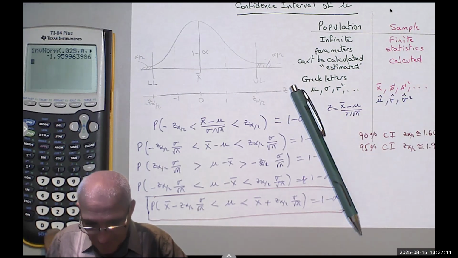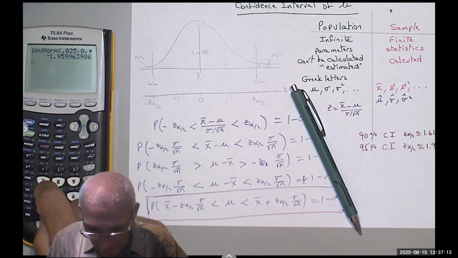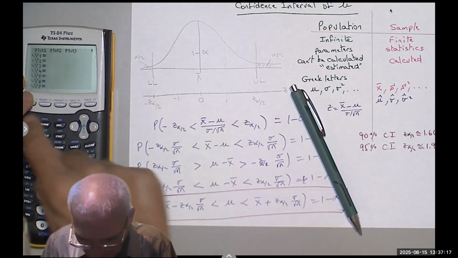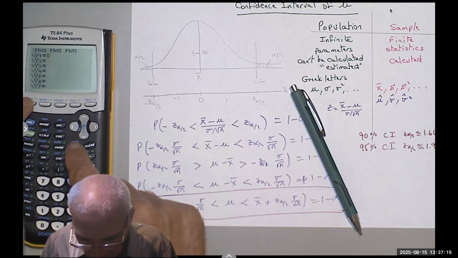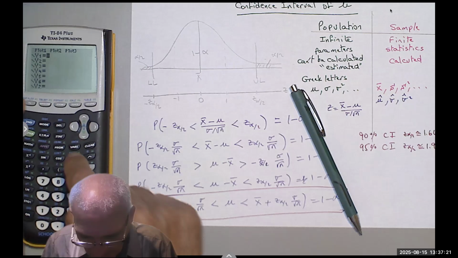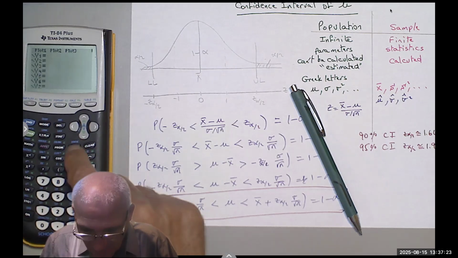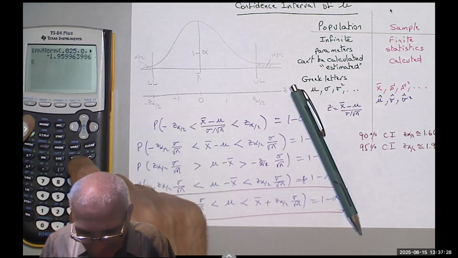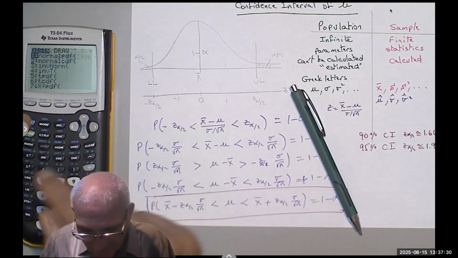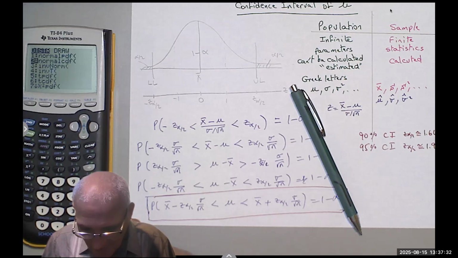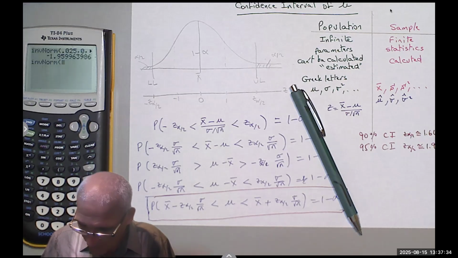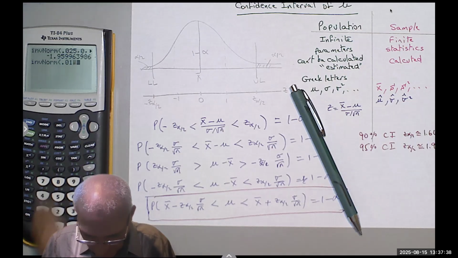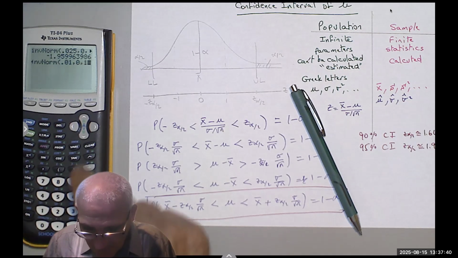If you want 1%, second distribution. I want the inverse, where this area is only 0.01, you get 2.33, if I remember, something like that.